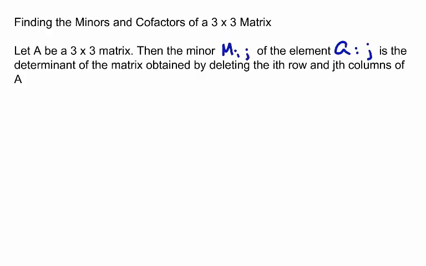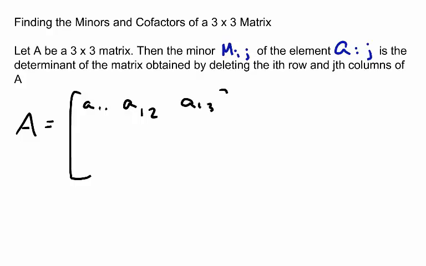In other words, we have a 3x3 matrix A where our first entry is A sub 1,1 for the first row and first column. Then we have A 1,2 and A 1,3 for the first row and third column.